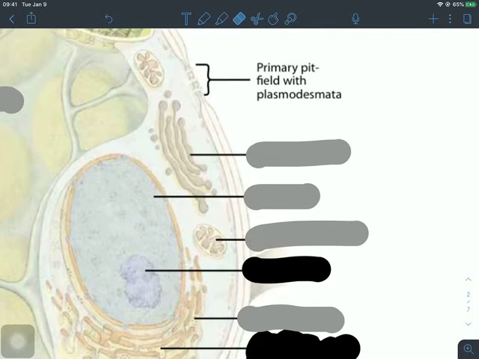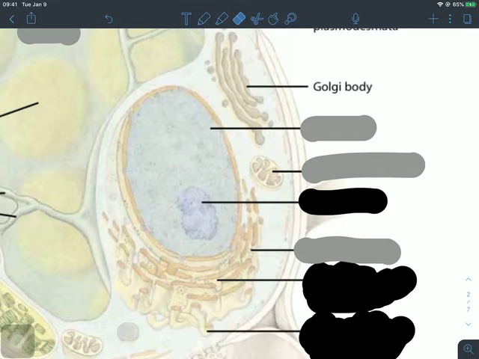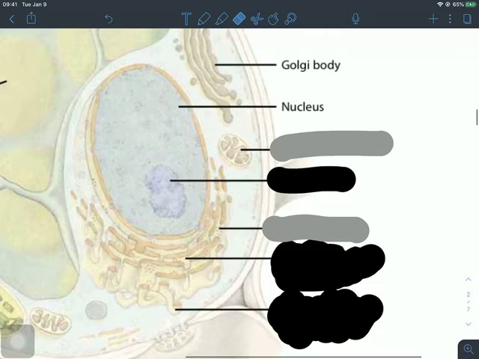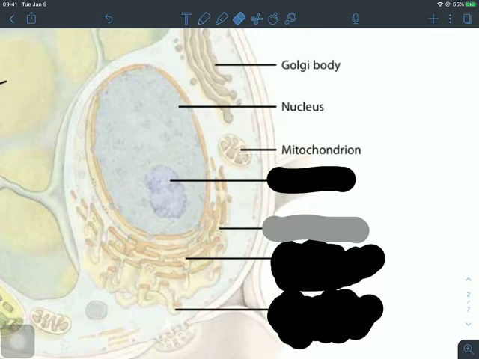You have pancake-like stacks that are part of the endomembrane system. These are our Golgi body. You have the bag that holds all of our DNA, our nucleus. You have the bag that's performing cellular respiration, the mitochondrion.